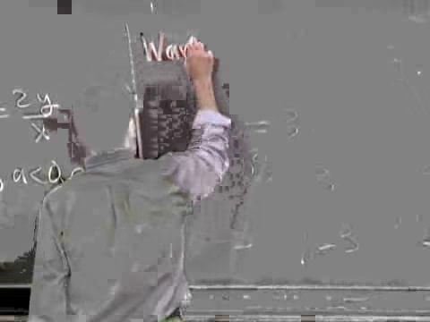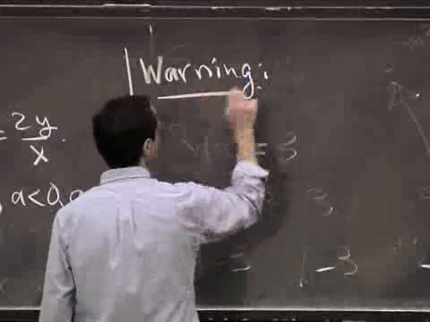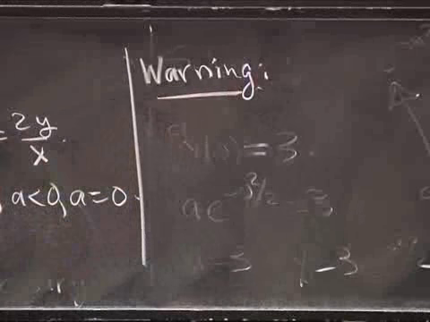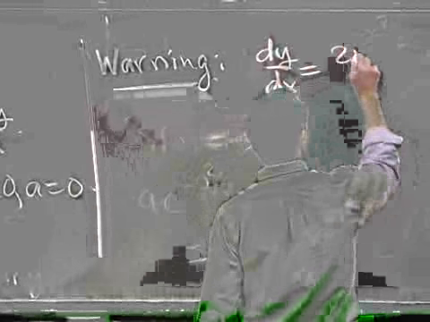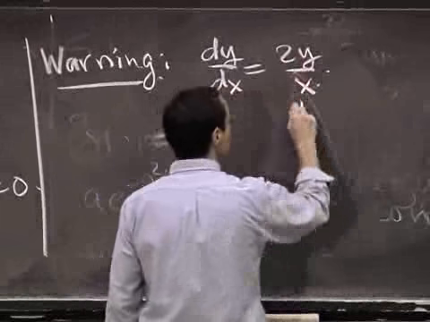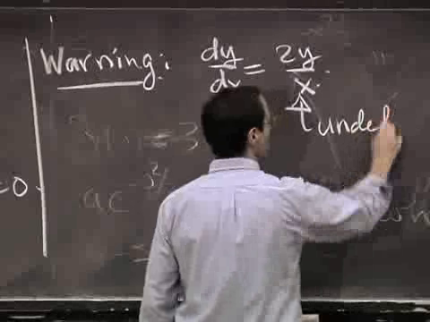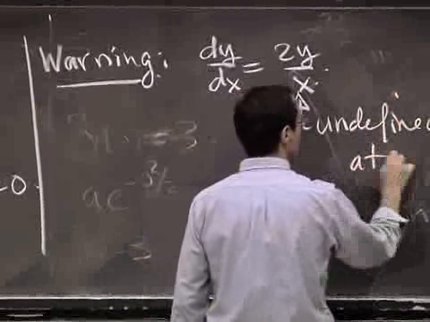There's another thing to watch out about this example. So there's another warning, which I have to give you. And this is a subtlety which you definitely won't get to in any detail until you get to a higher level ordinary differential equations course, but I do want to warn you about it right now, which is that if you look at the equation, you need to watch out that it's undefined at x equals 0.